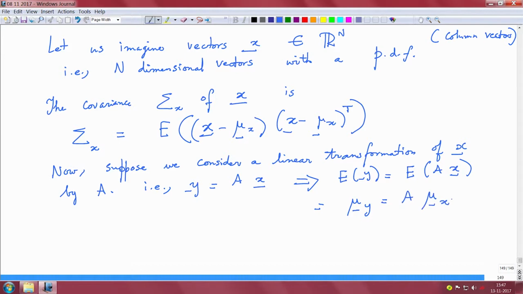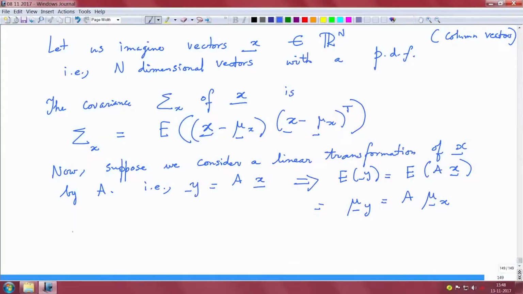You can pull A outside because it is not stochastic, expectation over the random vector, right. When you take expectation, you should look at the multivariate distributions, because it is a vector, it has several coordinates, and you should look at the multivariate density.